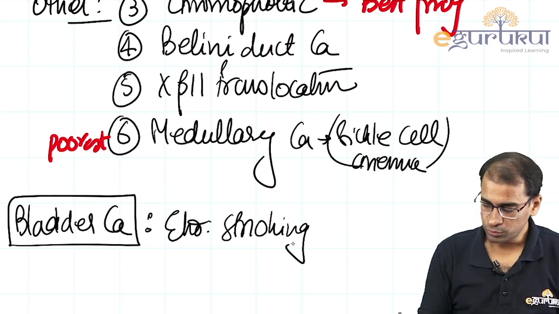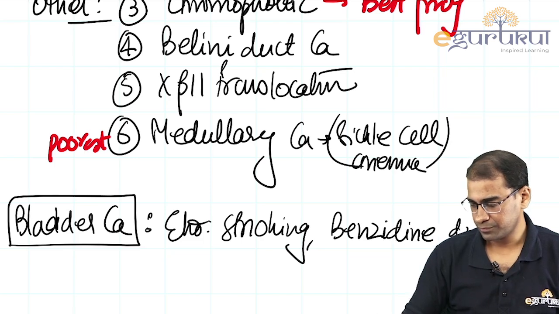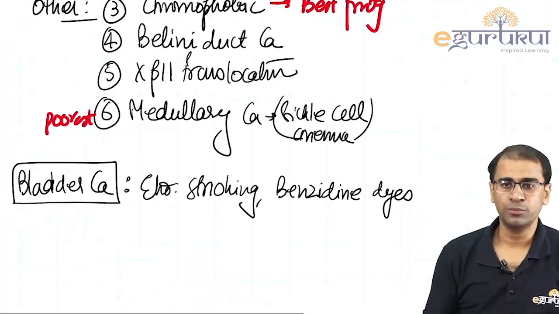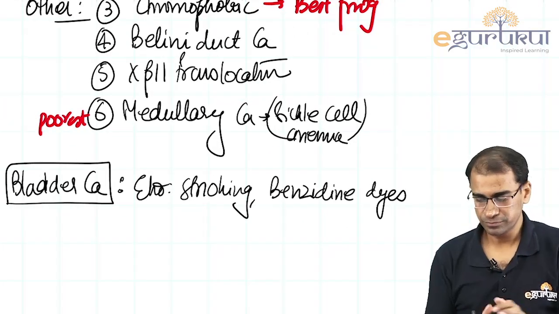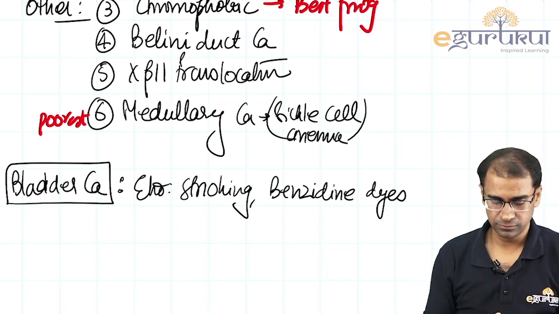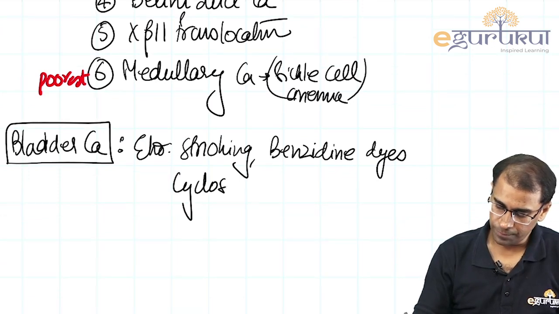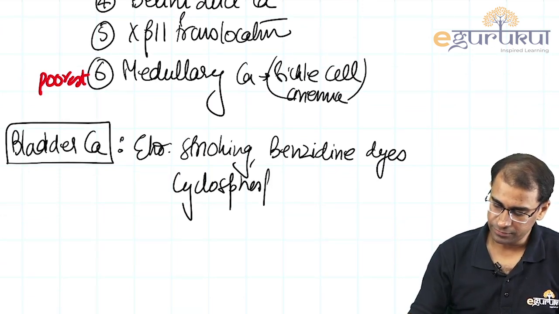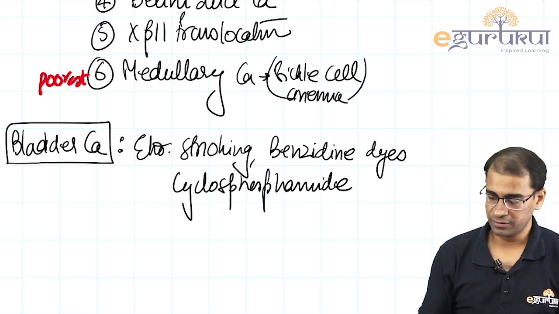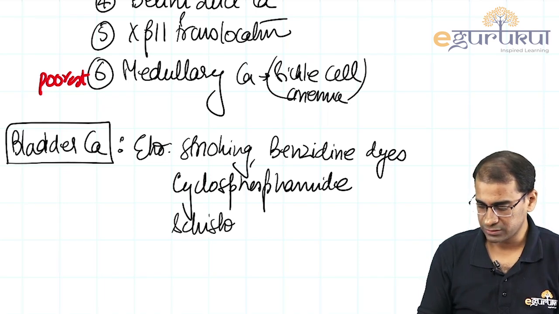They can also be due to benzidine dyes, the cyclophosphamide drug, and they can be seen as a result of schistosomiasis.